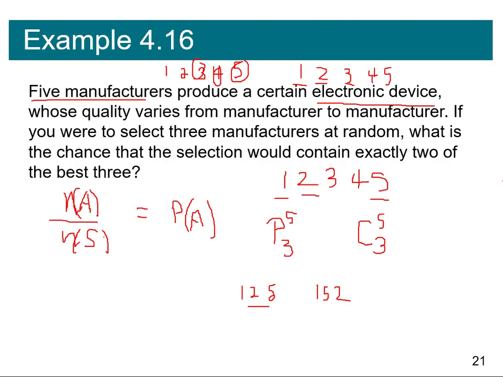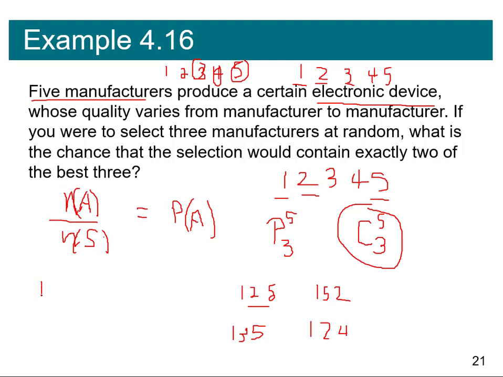So this will give me the size of the sample space. So I could do 1, 2, 5. What else? 1, 3, 5. I could do 1, 2, 4. These are the ones that are in the event, but I could do any 3 actually.